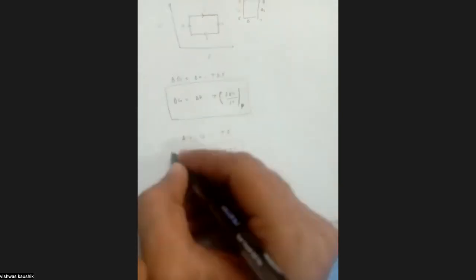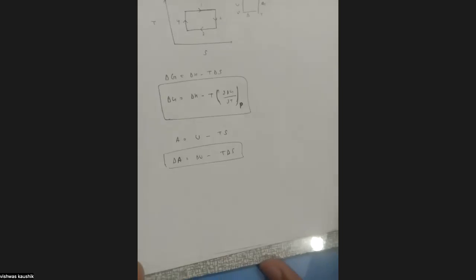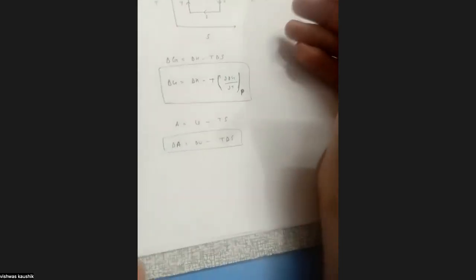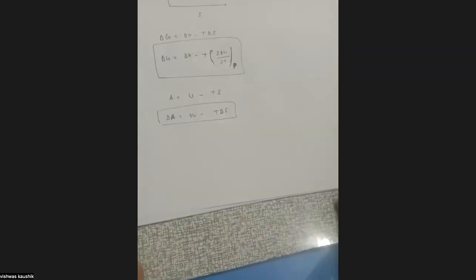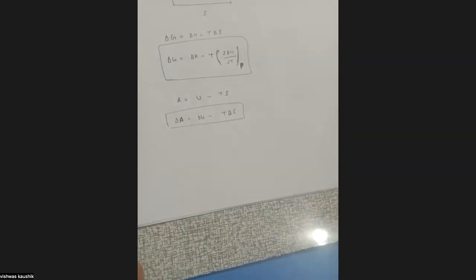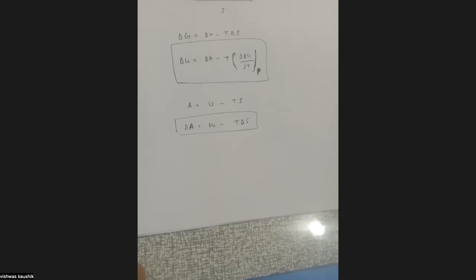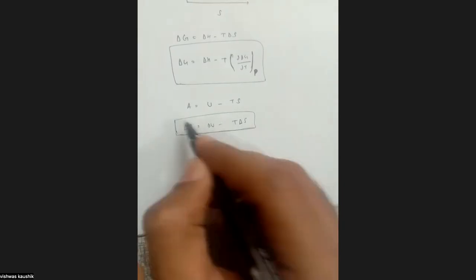The decrease in the work function is the maximum work that can be done by the system. It includes both PV and non-PV and other types of work. This is the equation for the work function, sir. Delta A is equal to delta U minus T delta S.